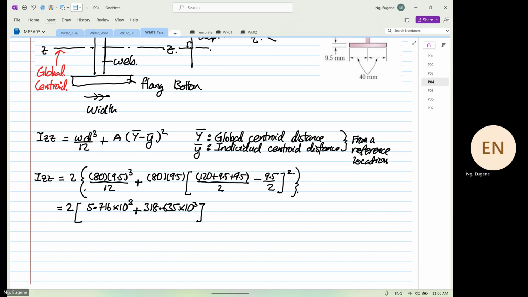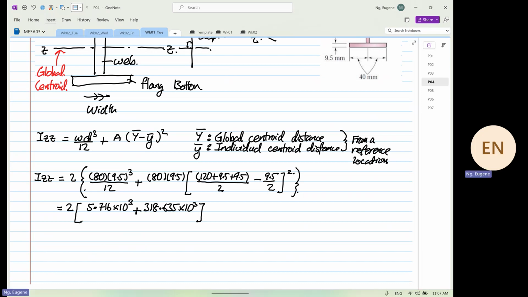Okay. Let me calculate again, please. Hey, syntax error. Okay, I'll be quick. I got 3.186 the second time. What do you get?